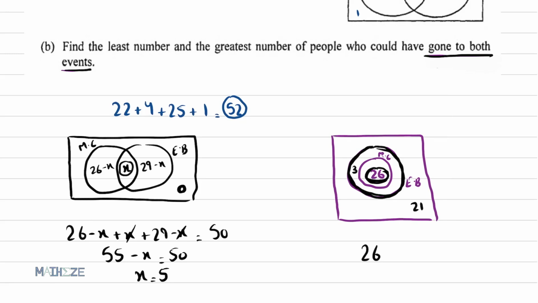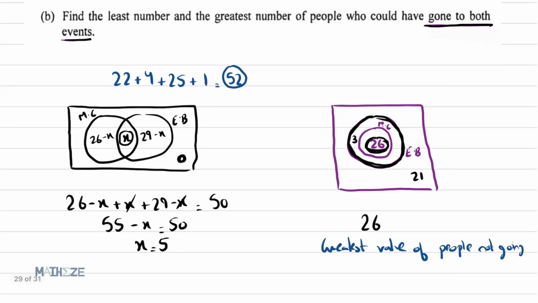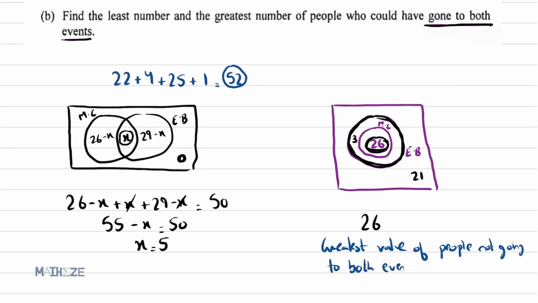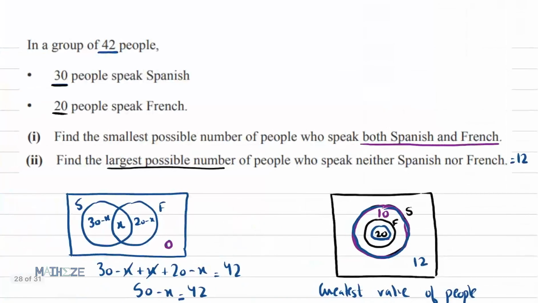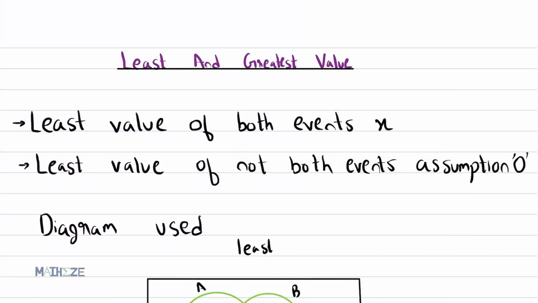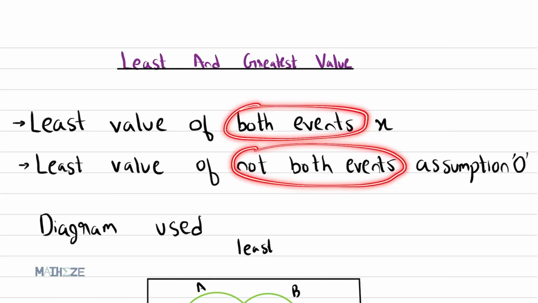But if the question asks you the greatest value of people not going to both events, the answer would be 21. Do you get this, guys? So this was the concept of least and greatest value of both events or not both events.